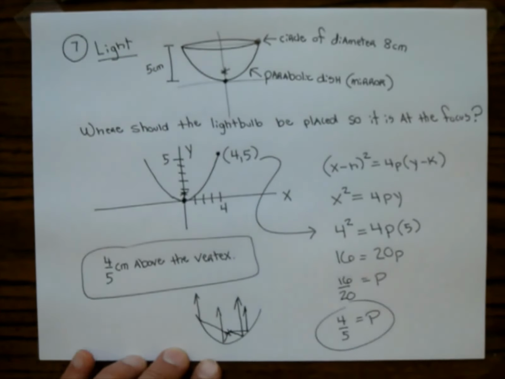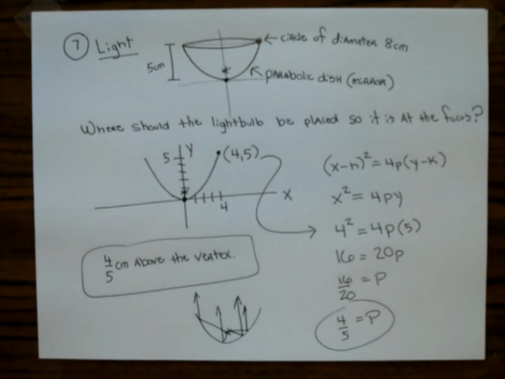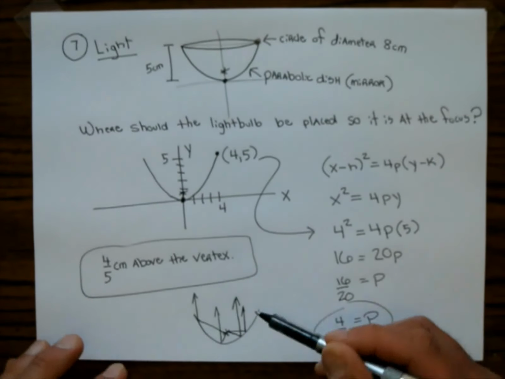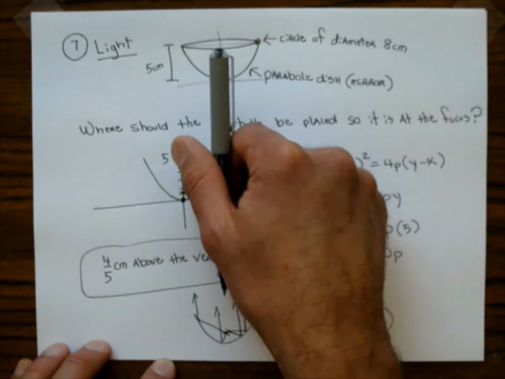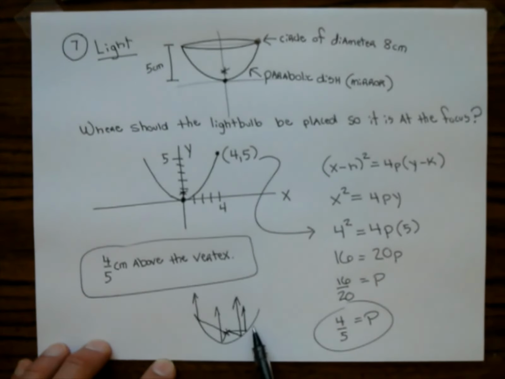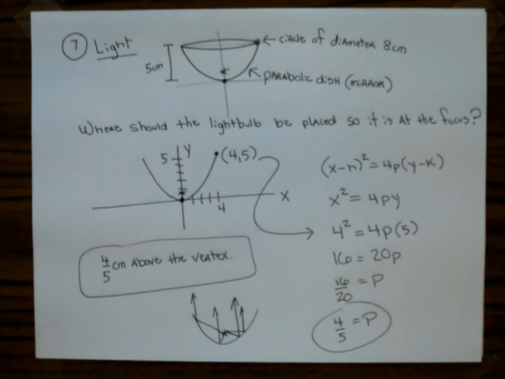So all the light's going to be directed straight out. And that's why we like parabolic dishes, for lights and also for things that come in. Like you have a lot of data coming in from space and it hits the parabola like this, or straight down. That information is going to get directed to the focus, and then we'll have the data that way. So yes, there are applications of things that you do in your math class.